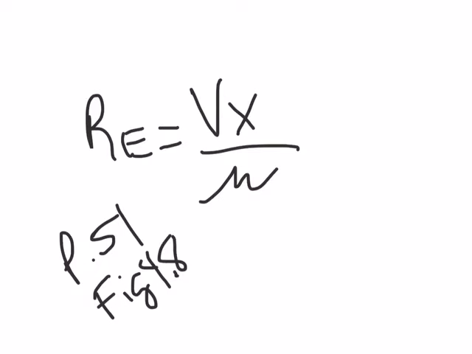So laminar flow normally exists below 0.5 million, and turbulent flow exists for values greater than 10 million.